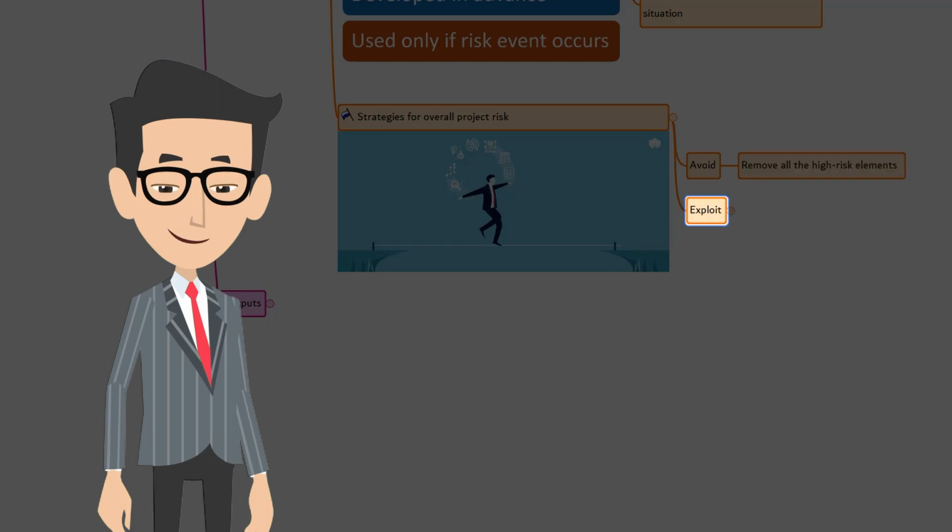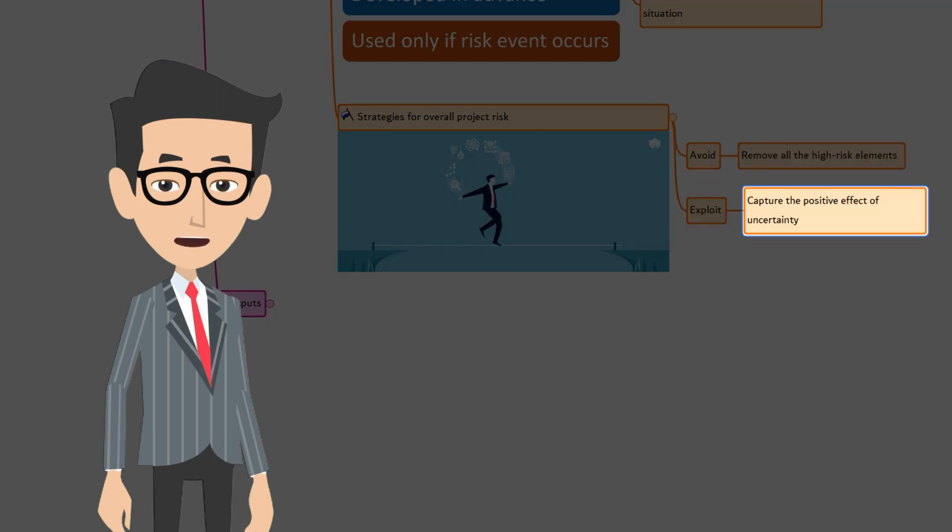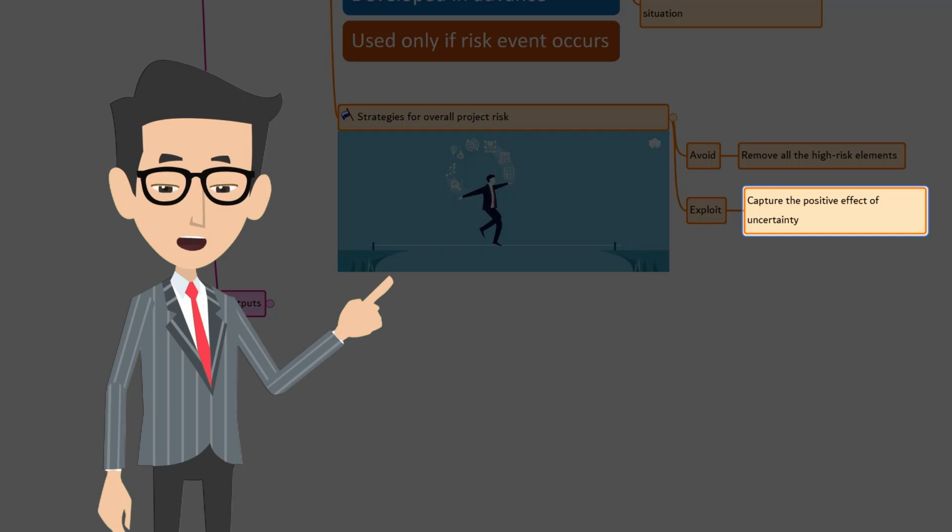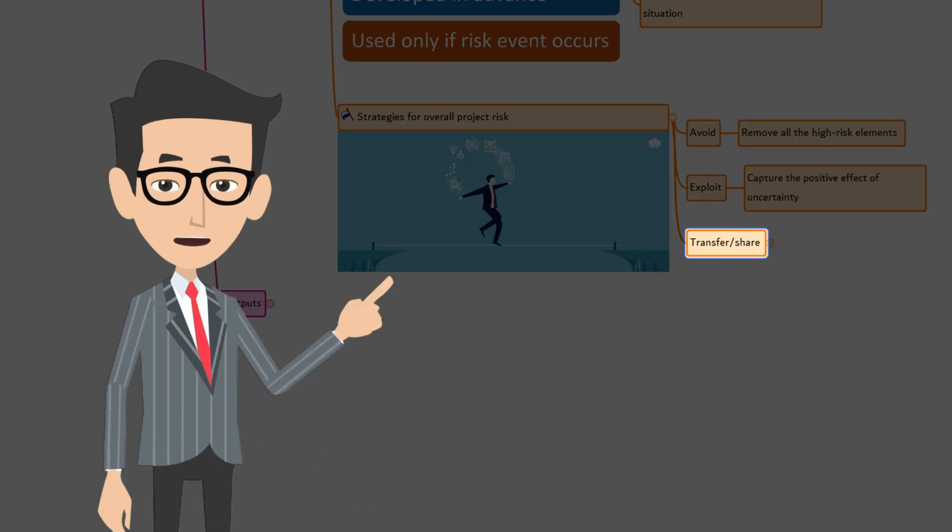Next, exploit. This involves taking action to capture the positive effects of uncertainty on the project as a whole, adding high benefit scope elements into the project. Transfer or share. If the level of overall project risk is high but the organization is unable to address it effectively, a third party may be involved to manage the risk on behalf of the organization.